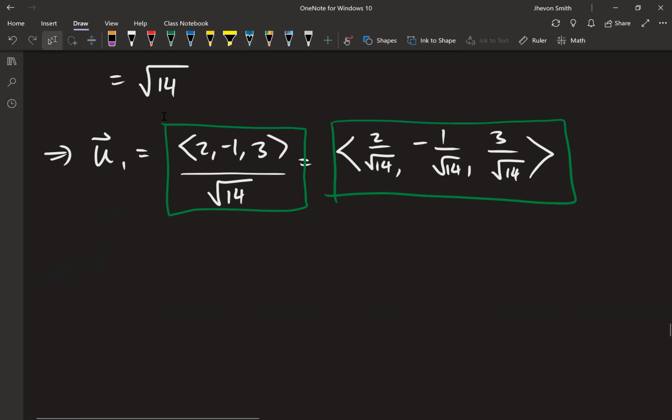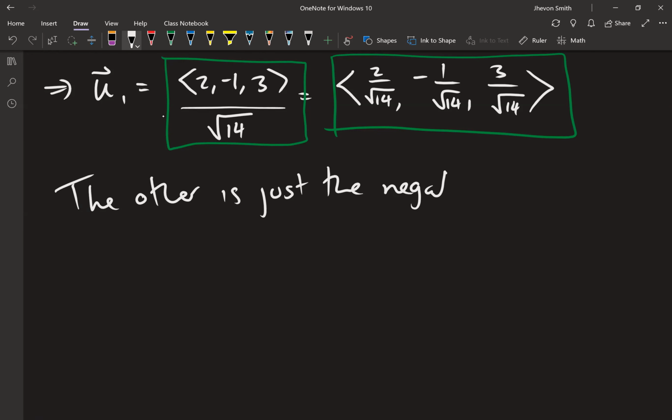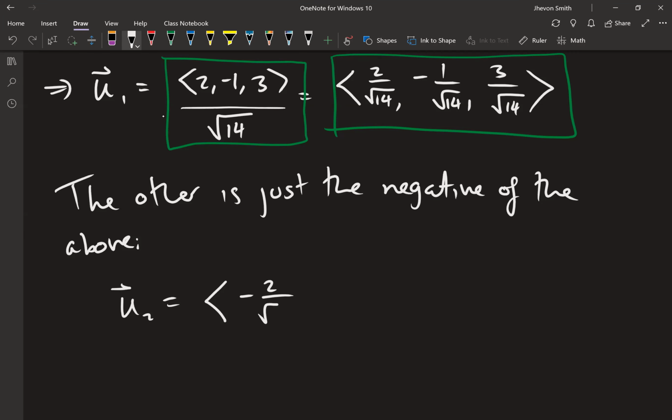The other is just a negative. So the second unit vector is just going to be negative 2 over radical 14, comma 1 over radical 14, comma negative 3 over radical 14.